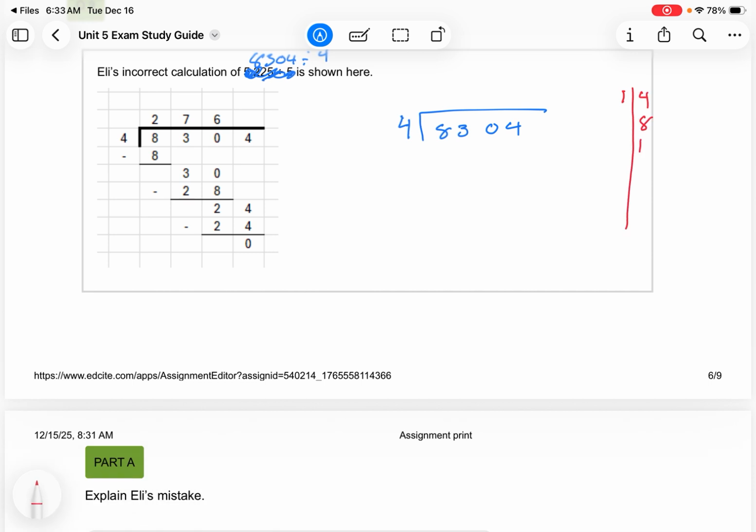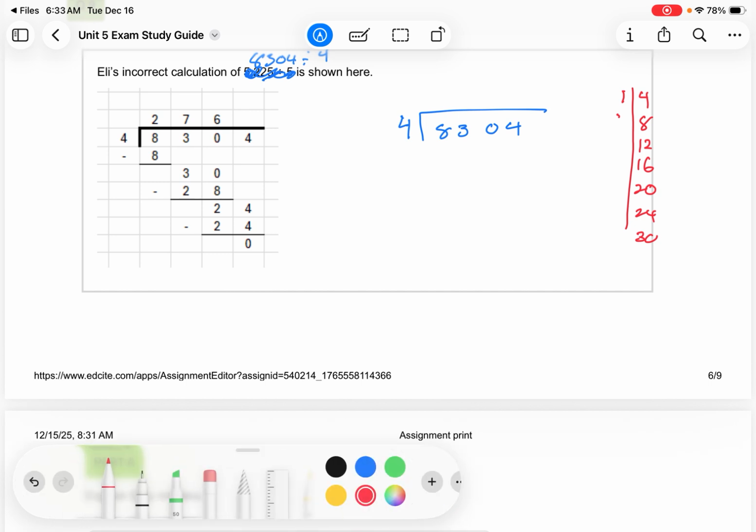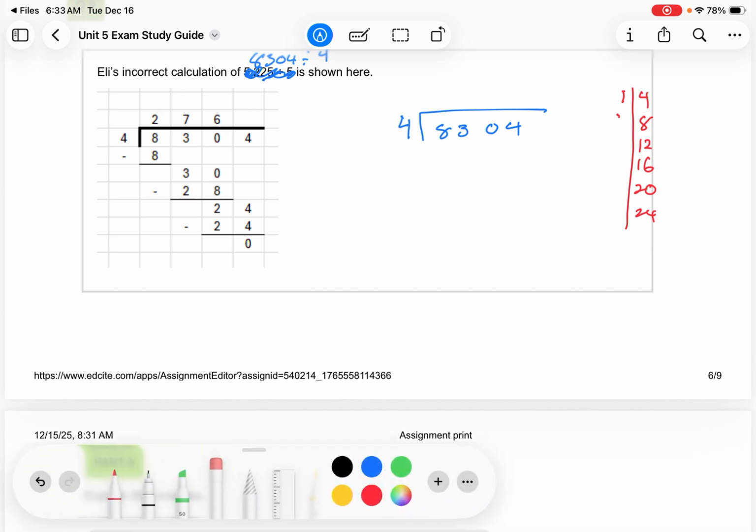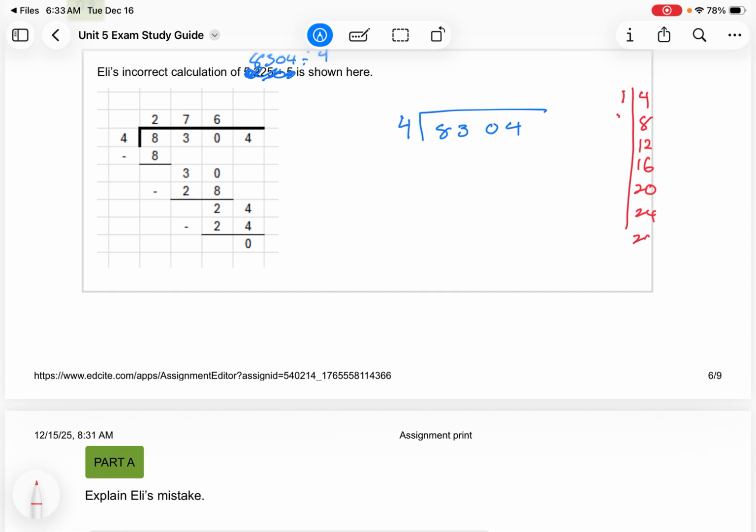And we've got 8, 12, 16, 20, 24, 28, 32, 36. So that would be 2, 3, 4, 5, 6, 7, 8, and 9.